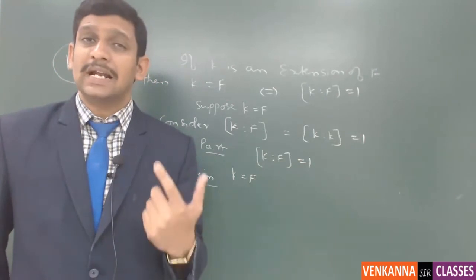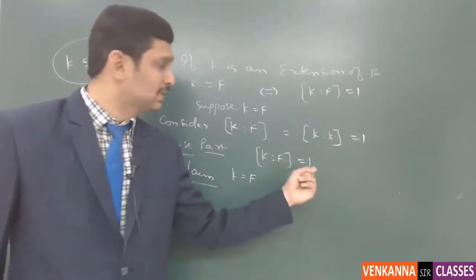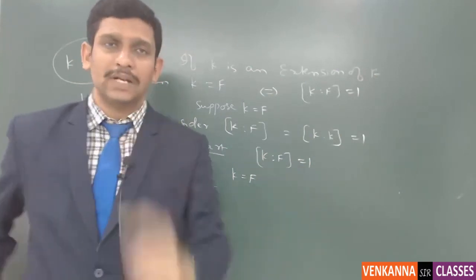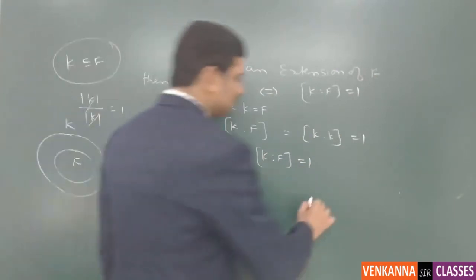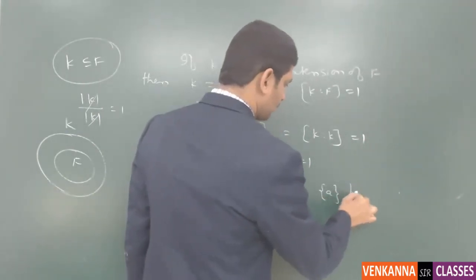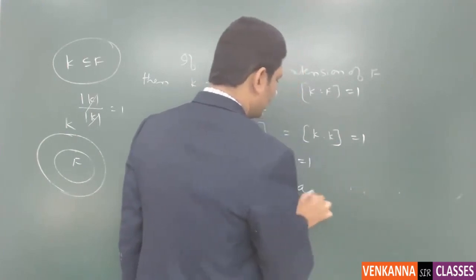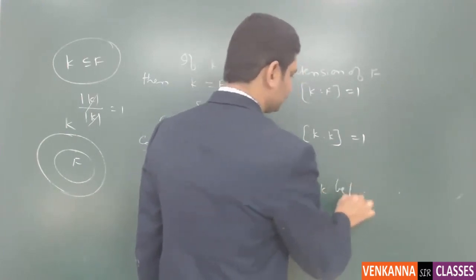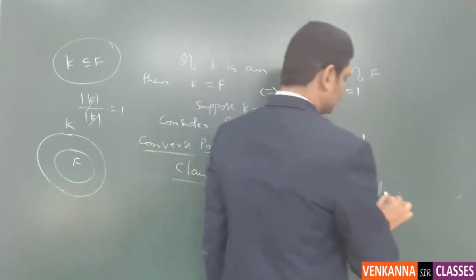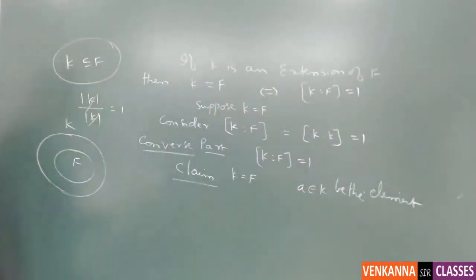The basis contains an element A, because the basis has one element. So let A belong to K be the element.